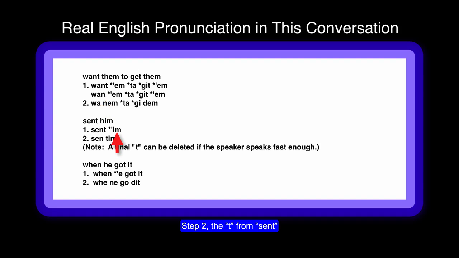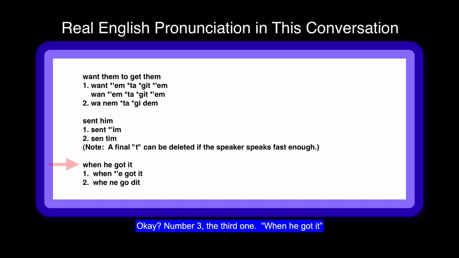Step number 2, the T from "sent" moves to the I, and we get "sentim." If we say it faster, the T will be deleted. Okay, so a little bit slower: I sent him the package. A little bit faster: I sent him the package. Can you hear the difference? I sent him the package. I sent him the package.